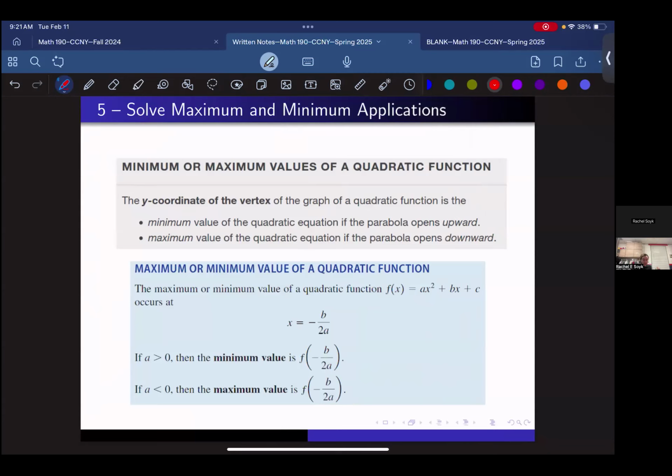And then our last part in this section is being able to solve for our maximum and minimums in our quadratic function, which is really the combination of identifying, is our a value positive or negative? Is it fanning upwards or is it fanning downwards? And then really honing in on that vertex point, because if our a is positive and it's fanning upwards, we're going to have a minimum at that bottom point.